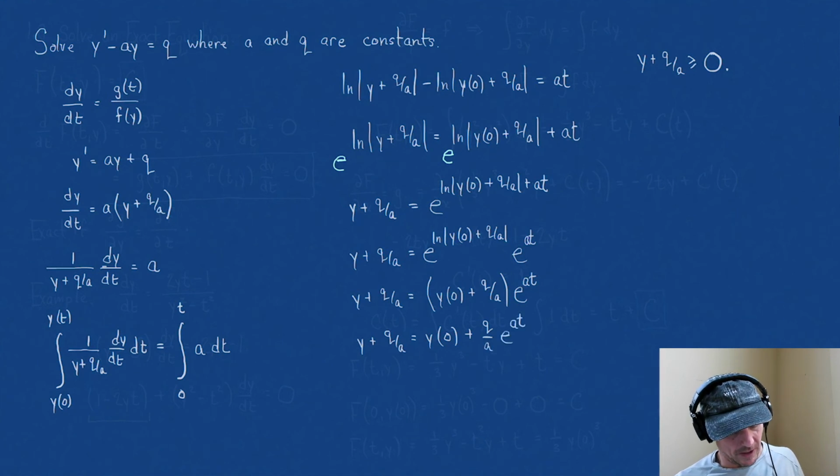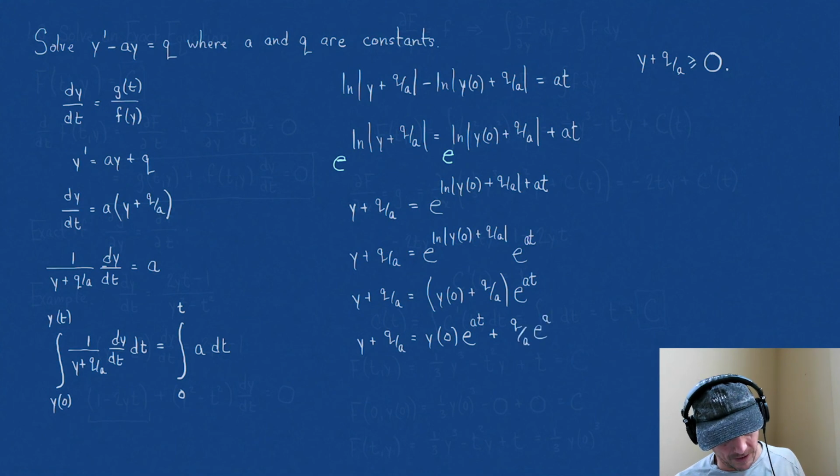Oh, there it is. And our last step is going, oops, I made a mistake. This would be y of 0 times e to the at plus q over a e to the at. Now we can write our final solution as y equals y of 0 e to the at plus q over a e to the at, and actually let's factor that e to the at.